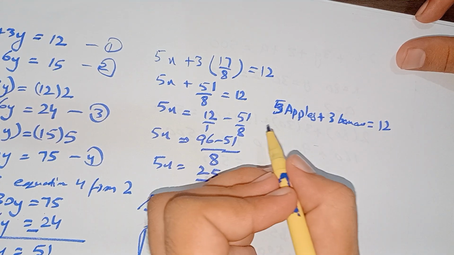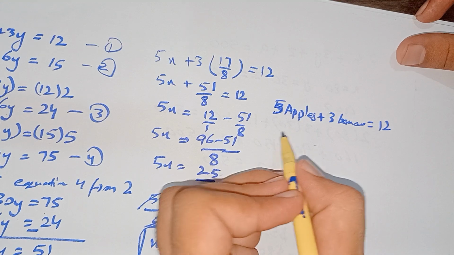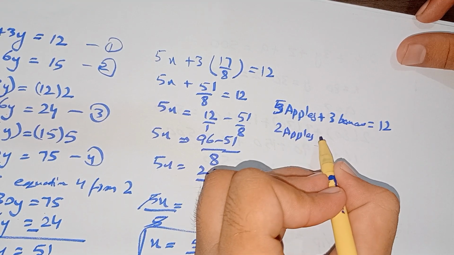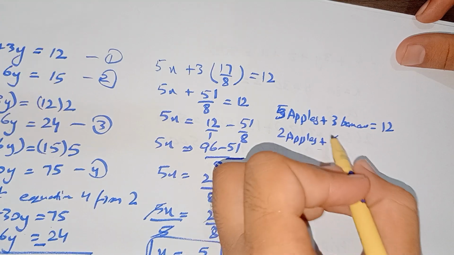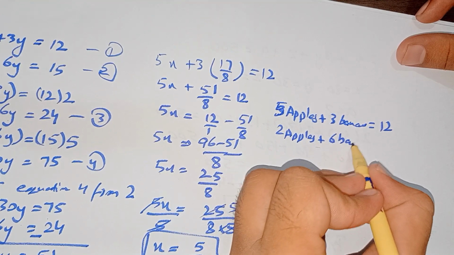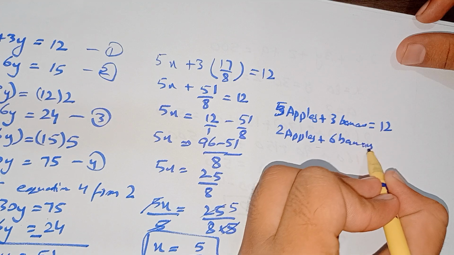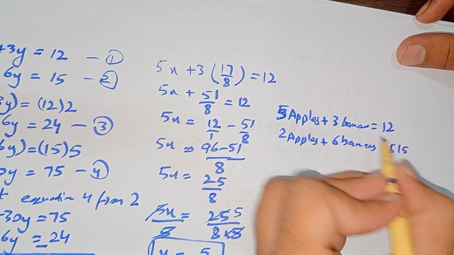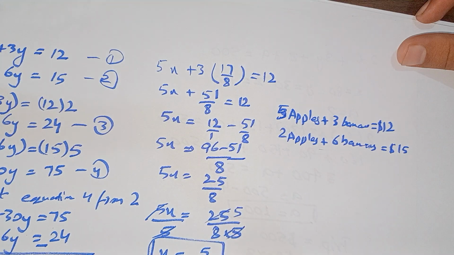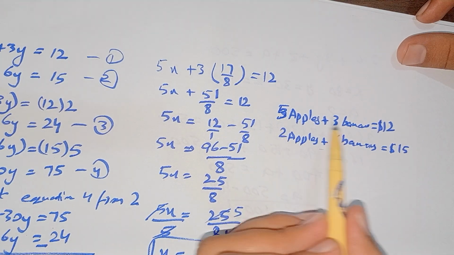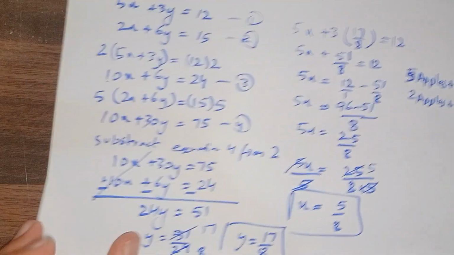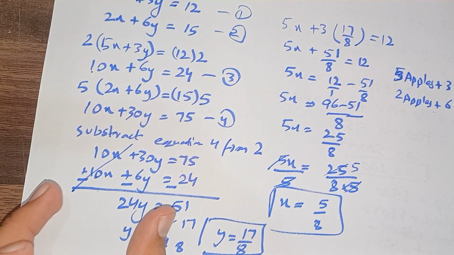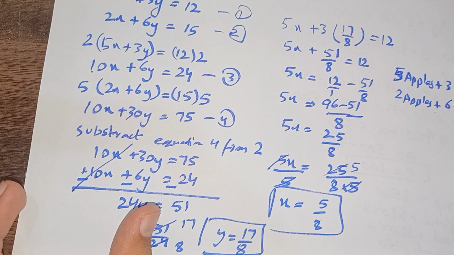And then you have a second type, in which 2 apples plus 6 bananas cost $15. You have to find the value of apples and bananas. So this equation is used to find the value of our apples and bananas.